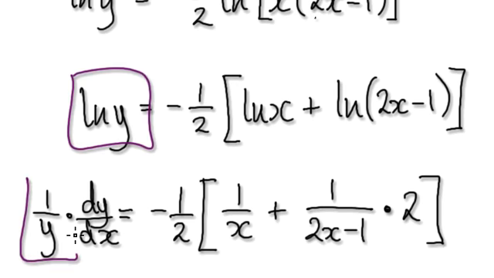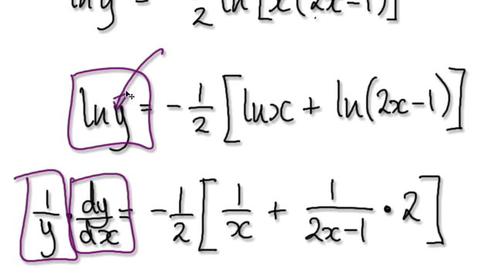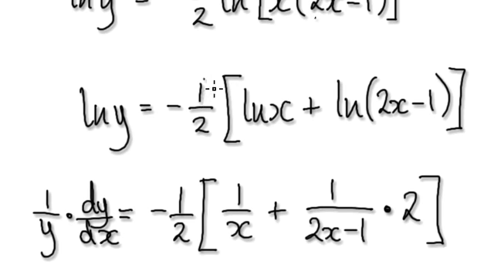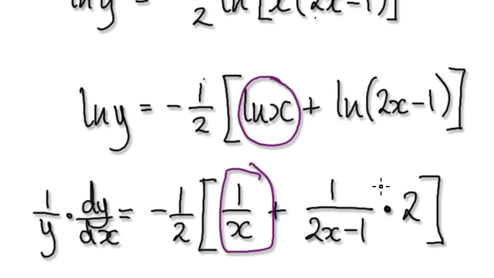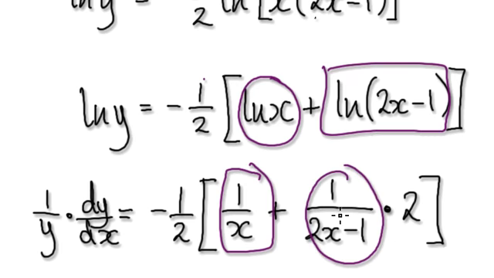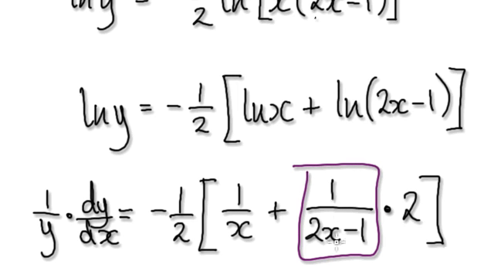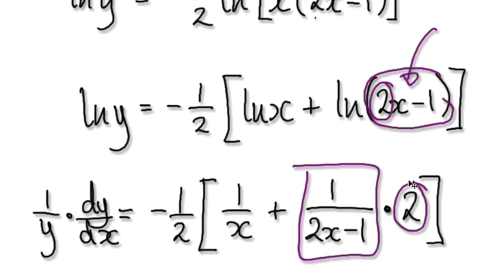This one here will give you 1 over y times dy by dx, because y is a function of x. And then this bit here will be 1 over x, and this bit here will be 1 over 2x minus 1, times the derivative of the bubble itself, and this 2 here is this 2 here.